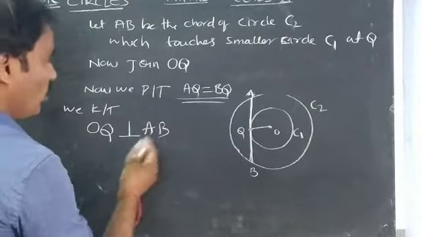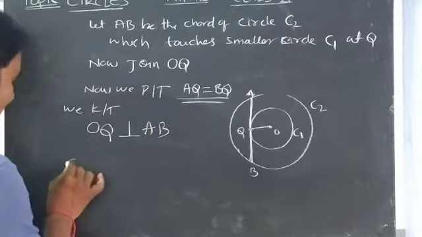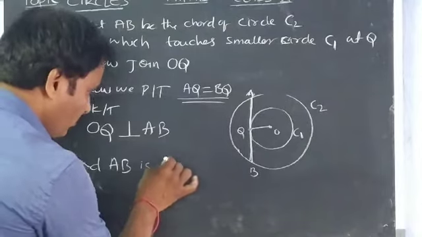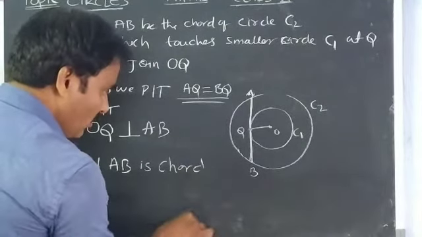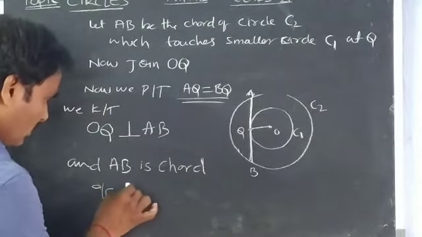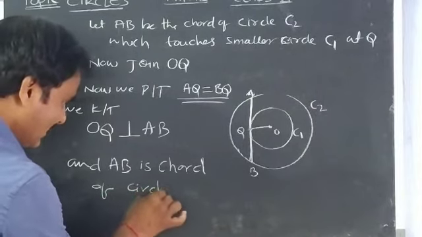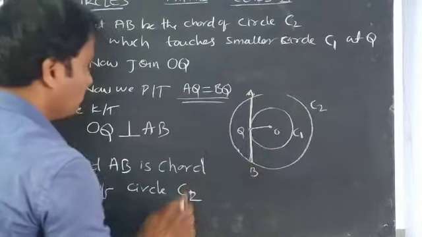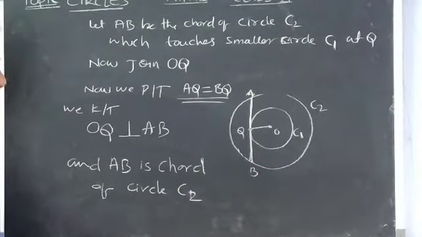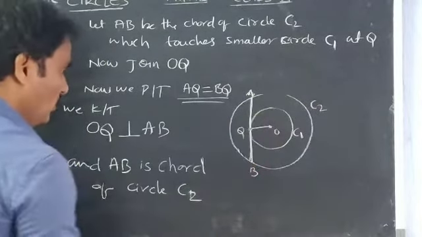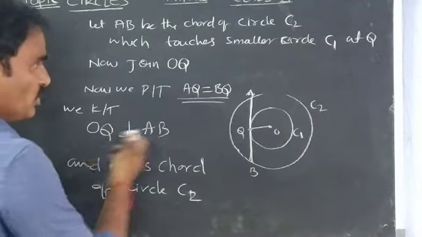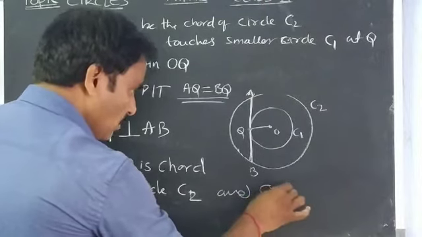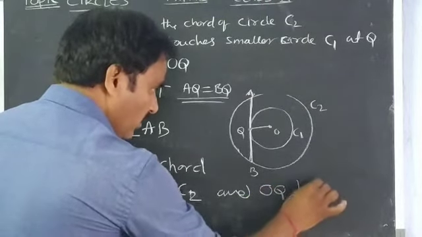We know that OQ is perpendicular to AB, and AB is a chord of circle C2.